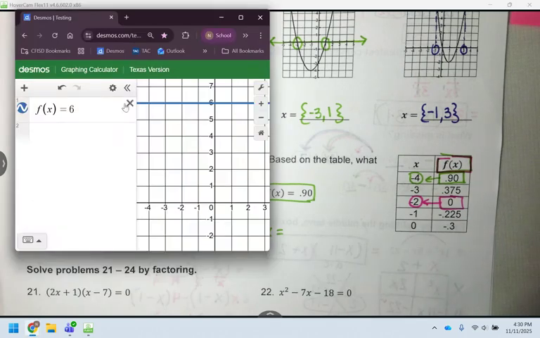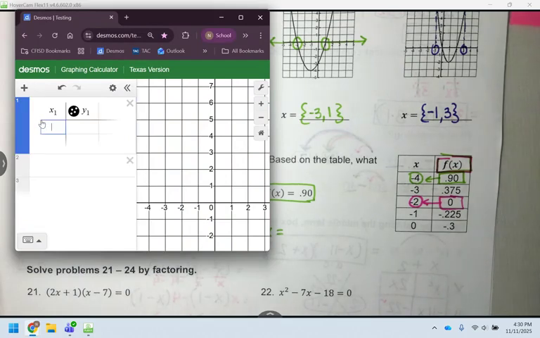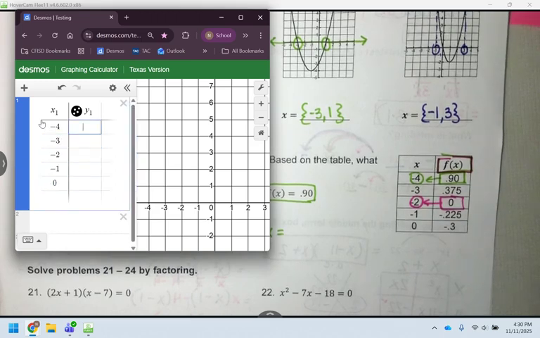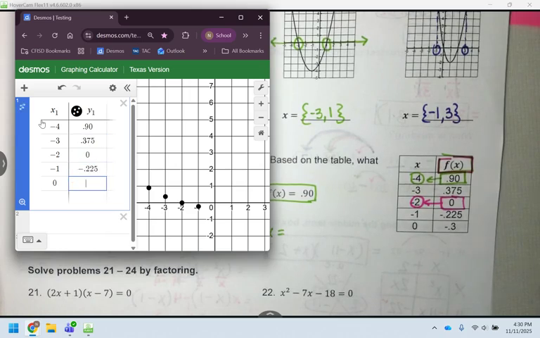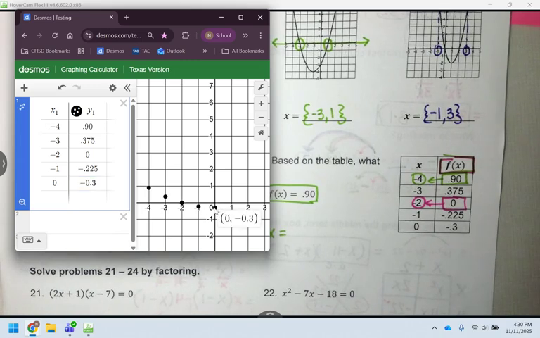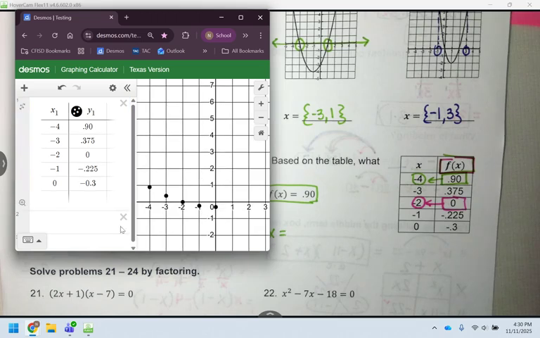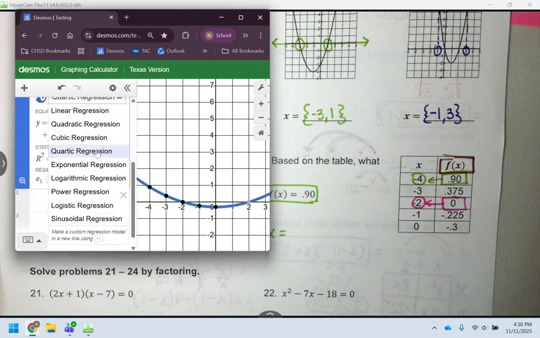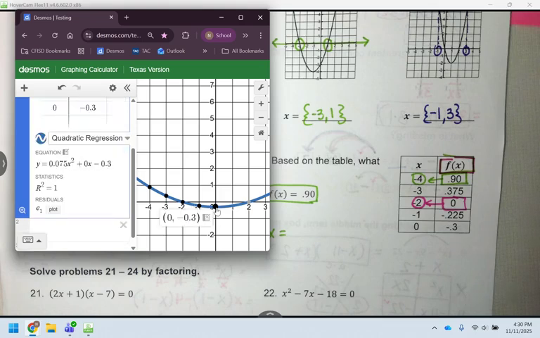And let's see, if I was given a table, I should be able to get the equation from Desmos. It looks like that's going to be my vertex. Let's see. Quadratic. It is. Okay.